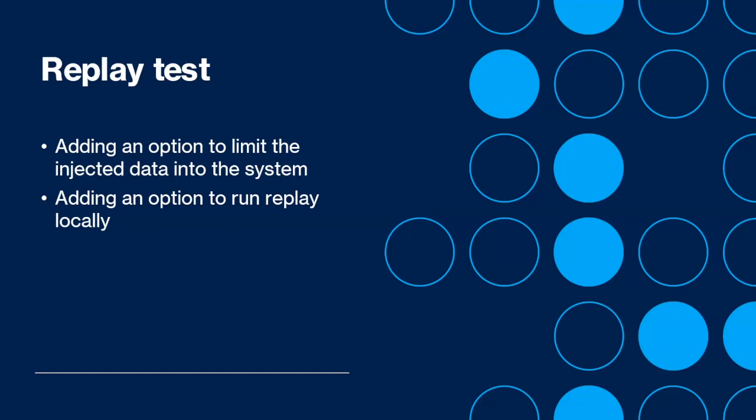And we are also adding an option to run replay locally. Basically, tier 0 uses a thing called HTCondor, and the way we run replay locally is we change the universe of HTCondor.